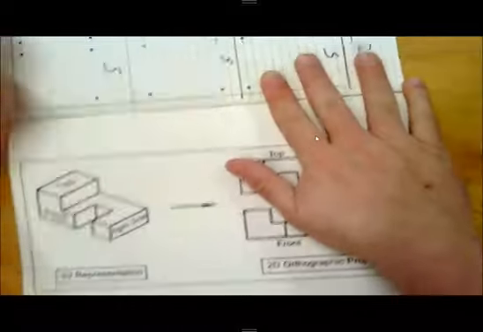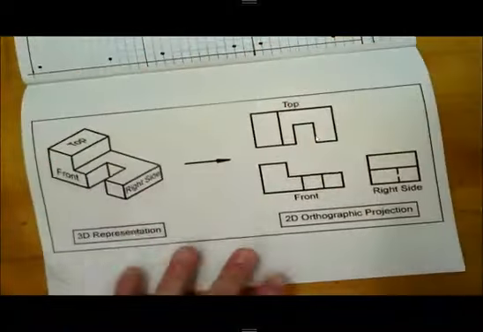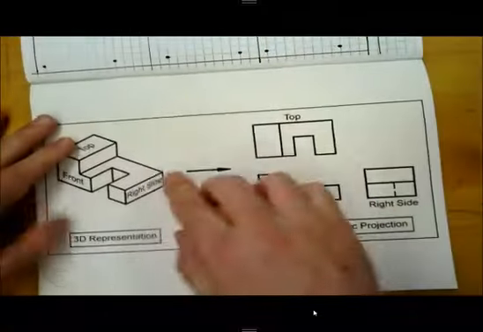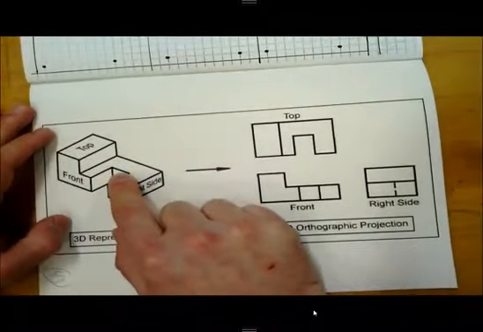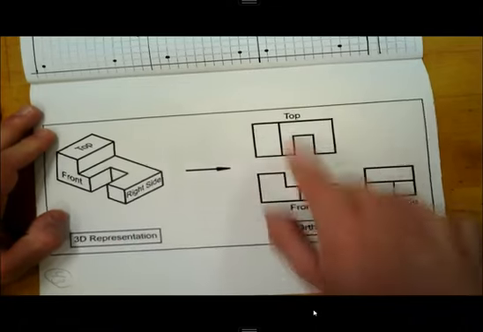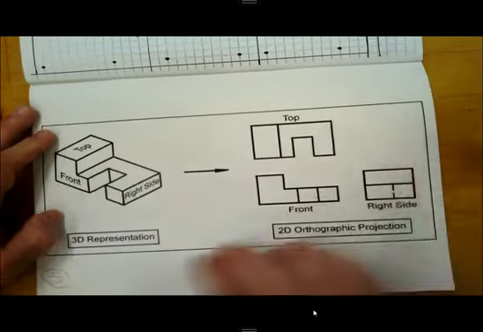Well, let's take a look right here. When we start off doing isometrics and orthographics, we can see that this is a 3D representation of what also could be seen as a 2D image. What does that mean?